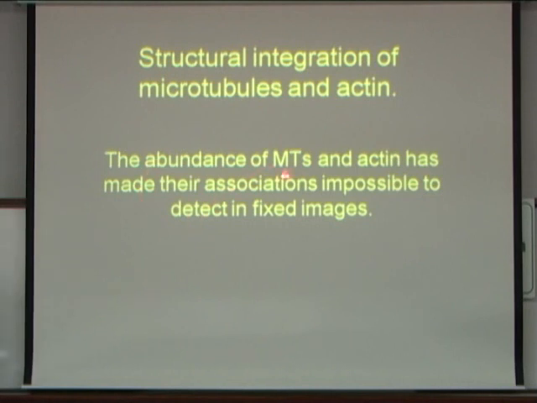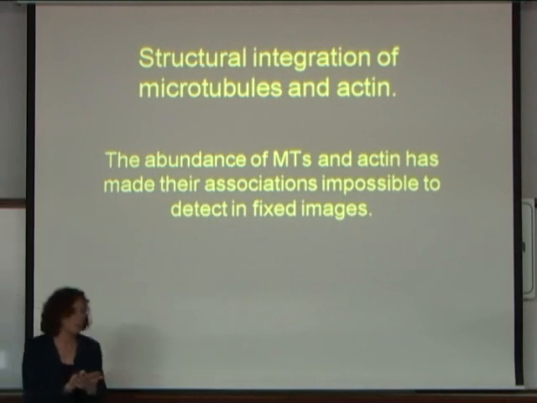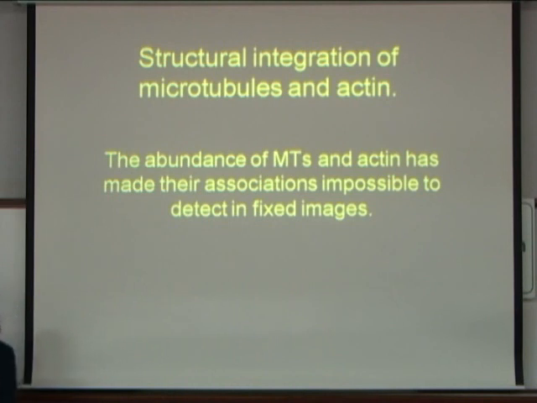Well, because they're everywhere in a cell. So just by looking at a localization in a cell, since they're both all over the place, how do you know if it's a specific or non-specific interaction? They're also polymers, so in biochemical assays there tends to be trapping and things like that where proteins just stick to microtubules and actin non-specifically because they're this polymer network and they just trap things.